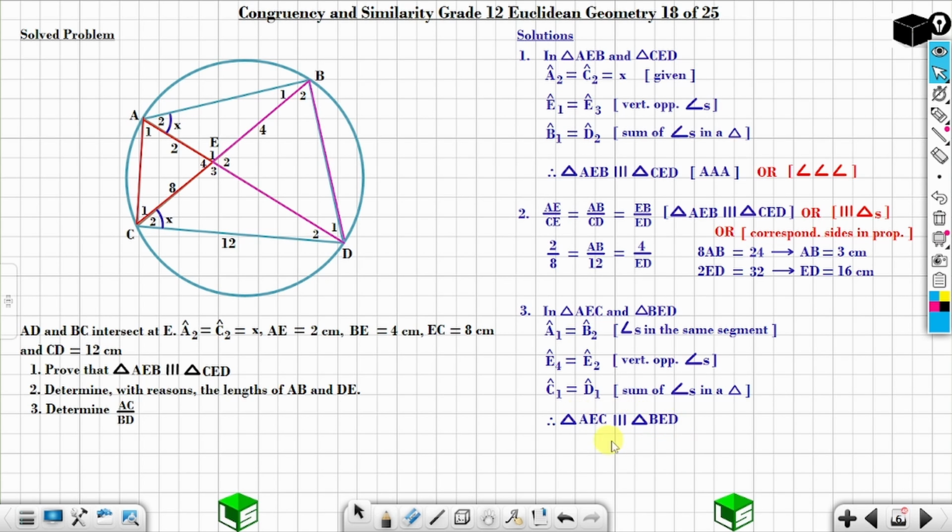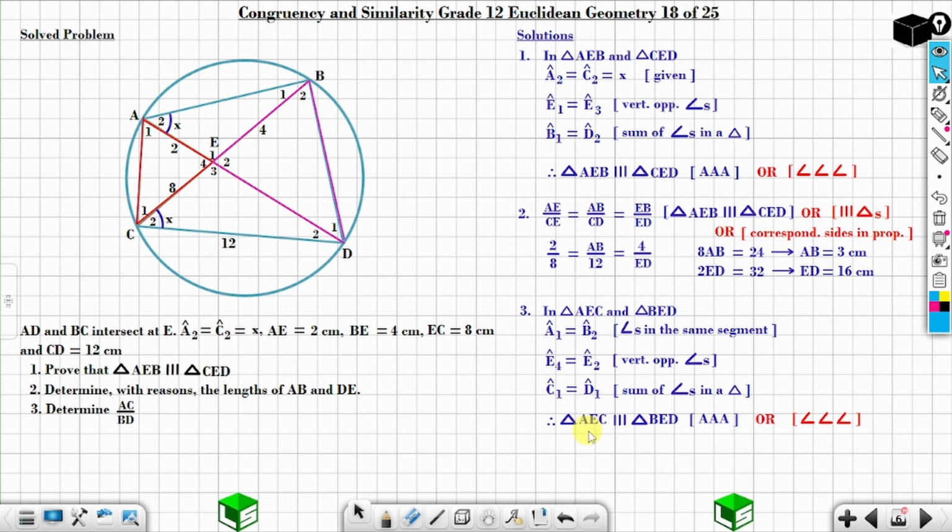The reason is angle, angle, angle. Because this is in the correct order, you can now write the proportionality equation.